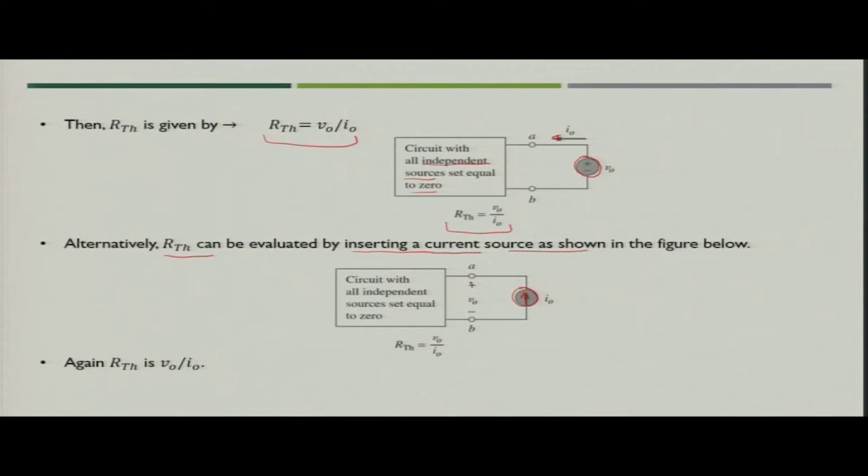When you apply the current source, instead of measuring the current, you have to measure the voltage across terminals AB. Again the RTH would be given as the voltage across terminals AB divided by the current supplied by the current source. So, in that case the RTH would be nothing but V naught upon I naught.